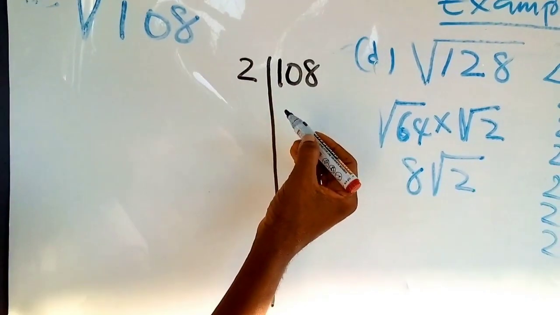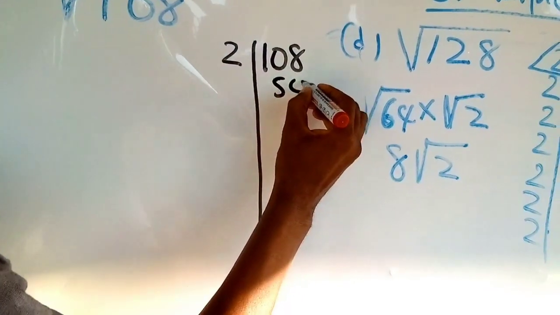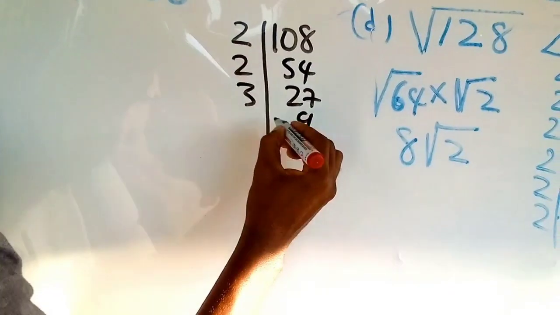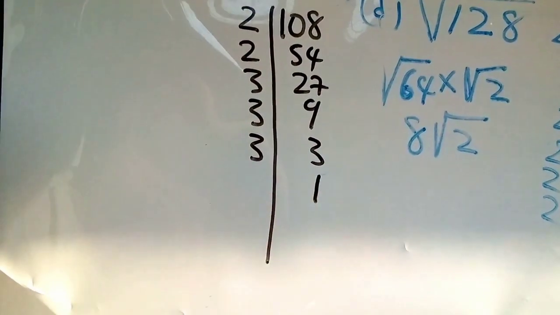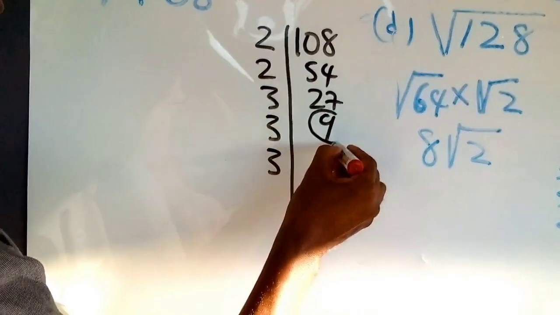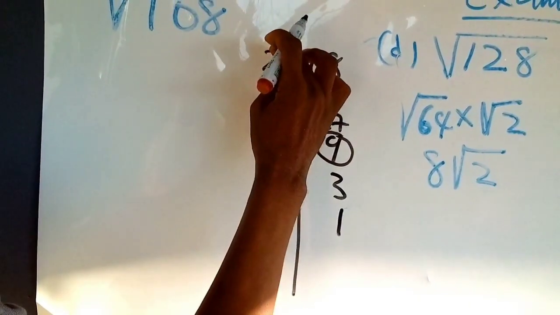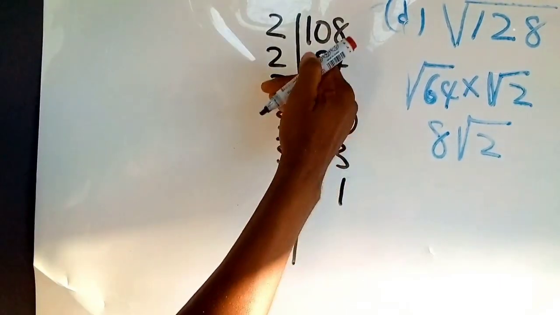Use 2 to divide. That will give me 54, 2, 27, 3, 9, 3, 3, 3, 1. What's the highest perfect square here? 9. Automatically 9. And then this side, since I have so many numbers here, don't cross where you got it.